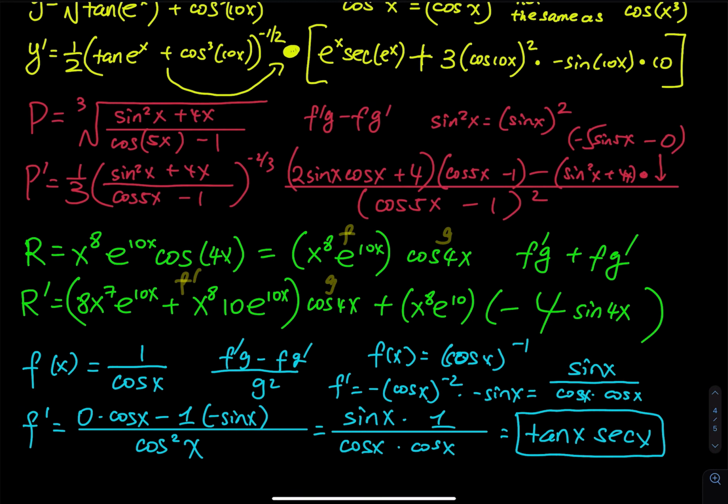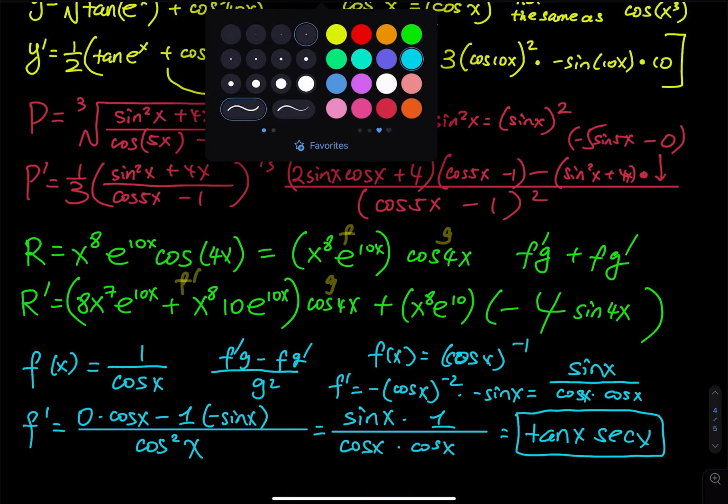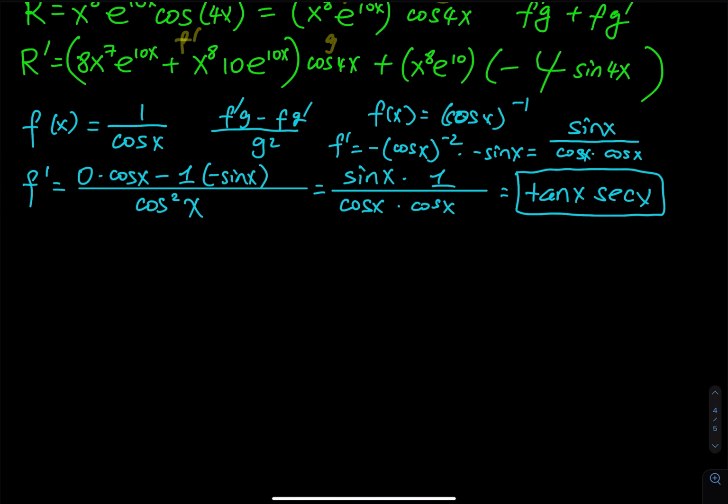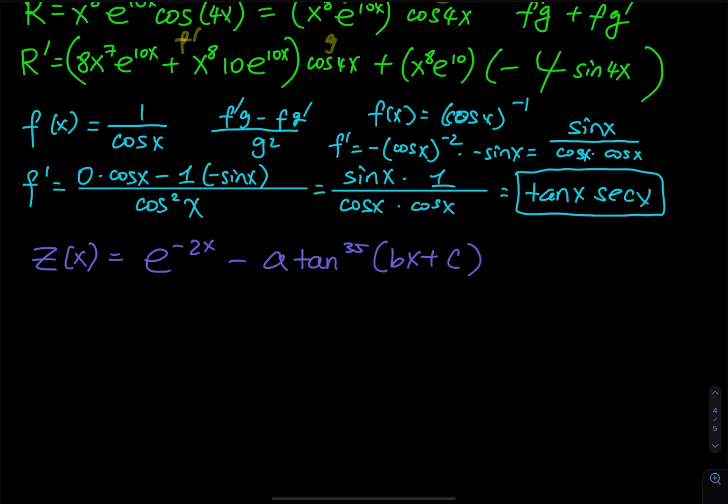And then the last one, I want to do a tangent. Let's do a tangent. How about this? z of x equals e to the negative 2x, and then minus a times tangent to the 35th power of bx plus c.